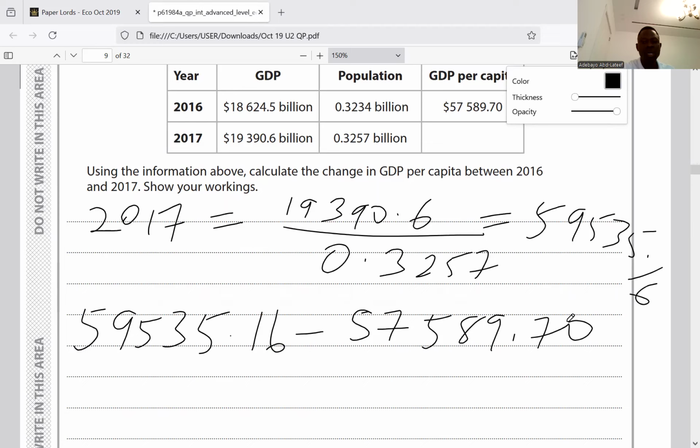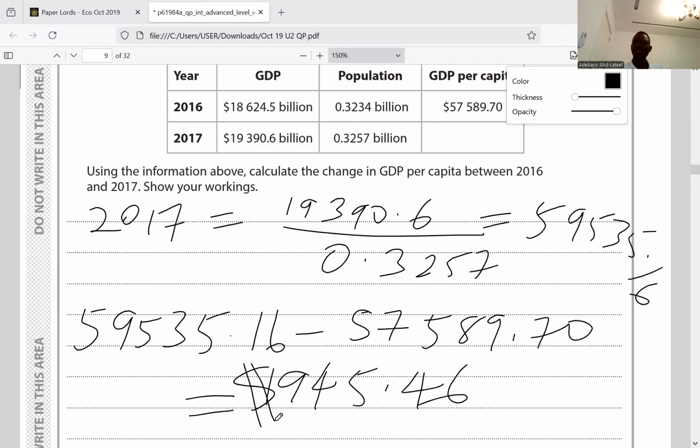Calculate the change in GDP per capita. That gives us 1,945.46 dollars. So that's the answer for question 11.